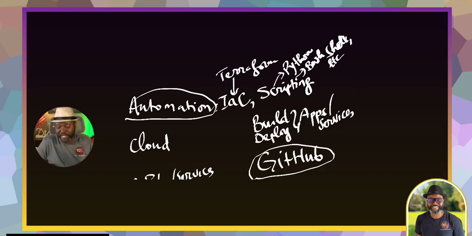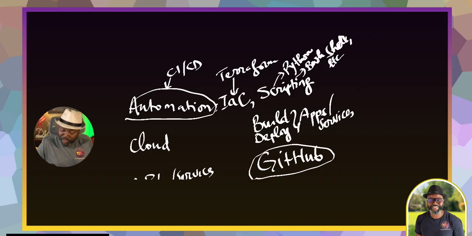Okay. So you have IaC, infrastructure as code tools, for automation. You have scripting for automation. And when the time comes, we'll talk about CI/CD, which is continuous integration and continuous deployment or delivery.